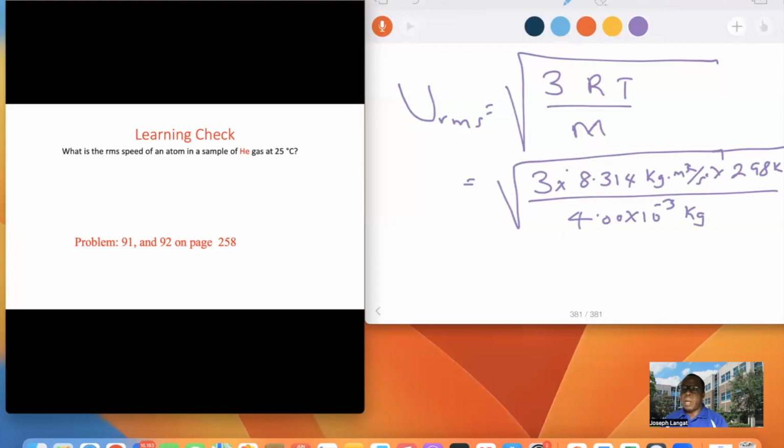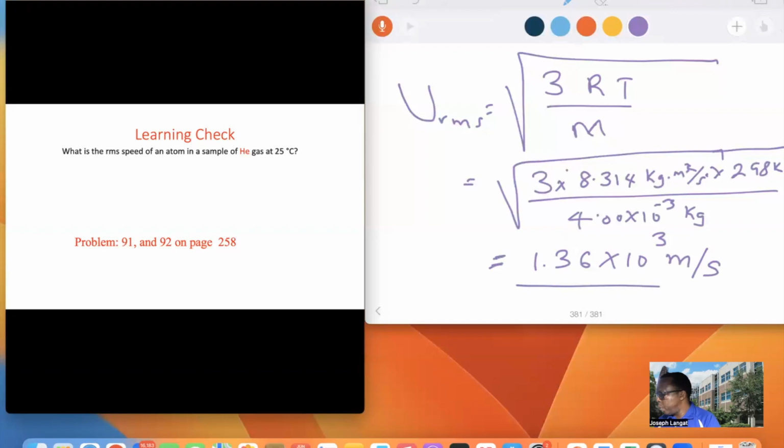So what I have here will give me the root mean square speed. Make sure you know how to use the scientific calculator. I will enable the scientific calculator. It gives about 1.6 times 10 raised to 3 meters per second.